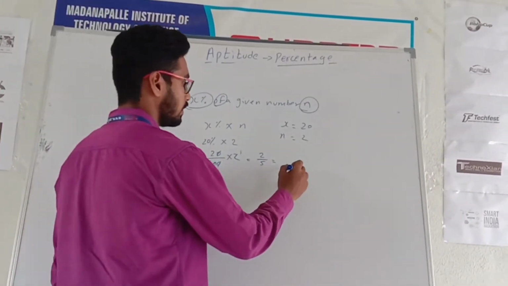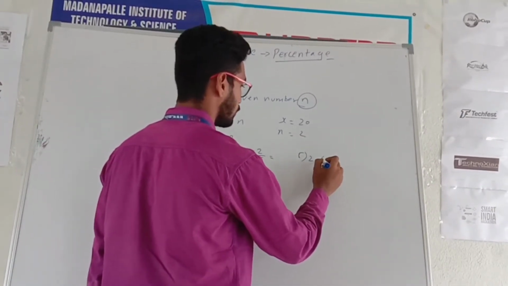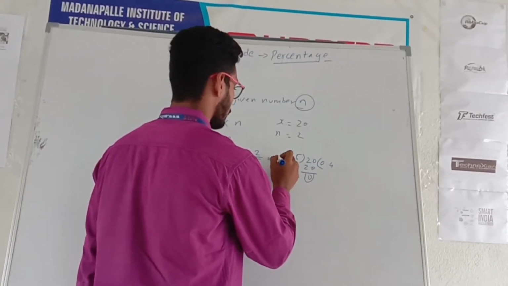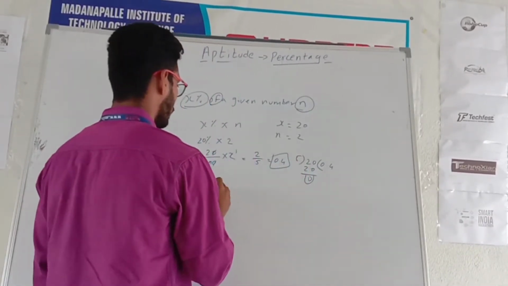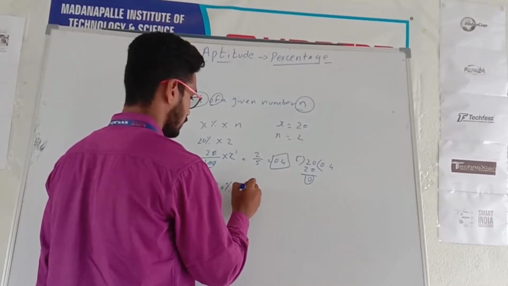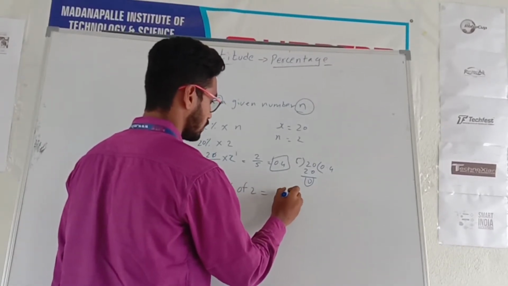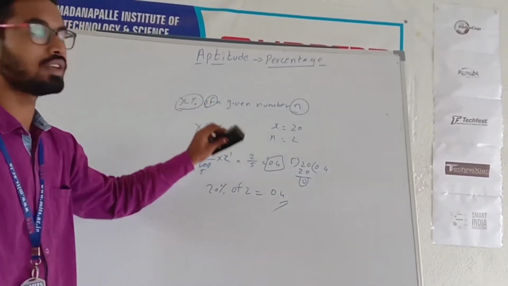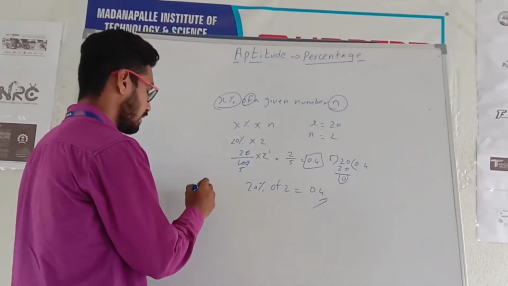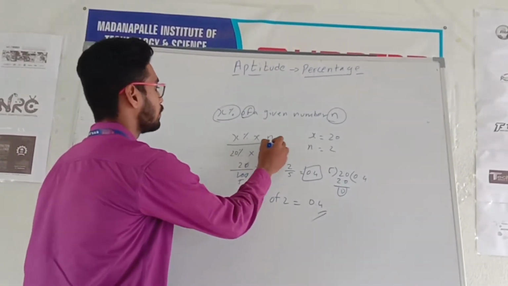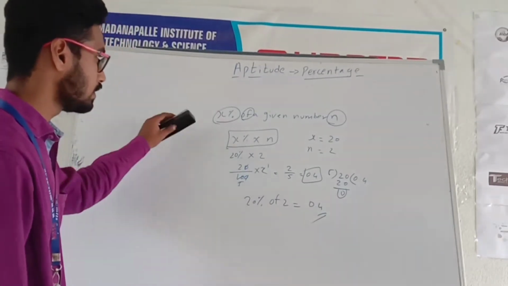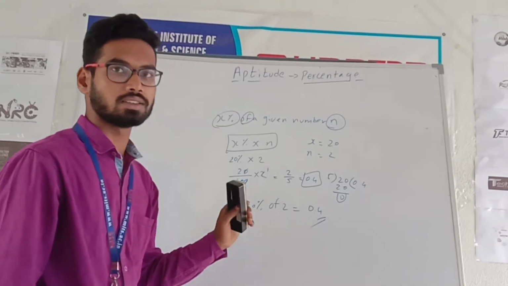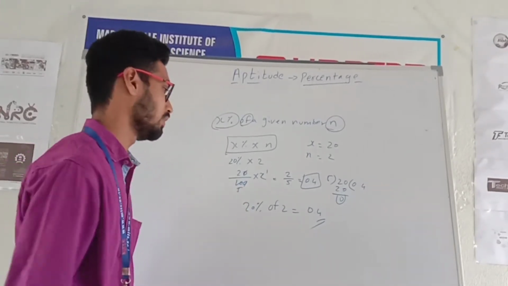So divide 5 again with 2, giving 0.4. So 20 percentage of 2 is 0.4. This is the answer of the given example. X percentage of the given number is generally written in this format.